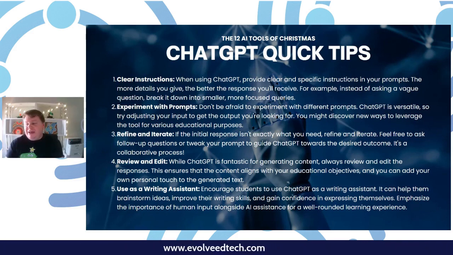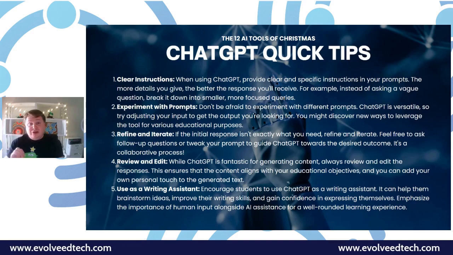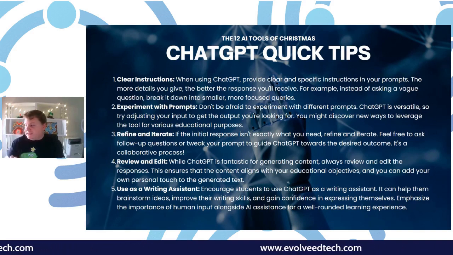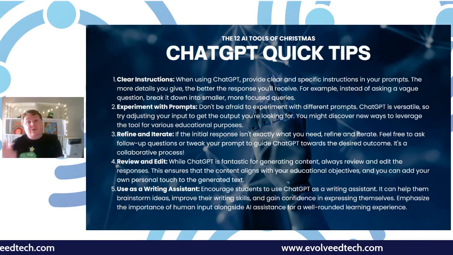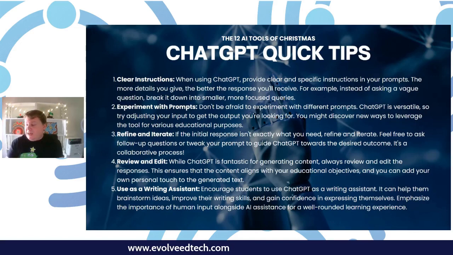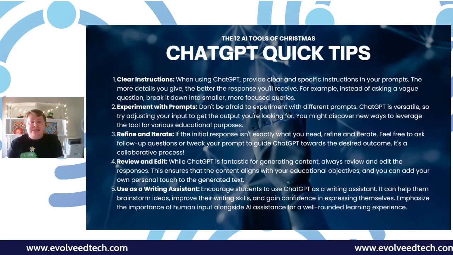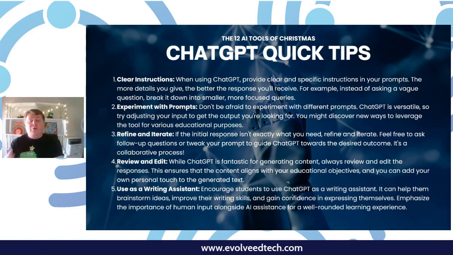Use ChatGPT as a writing assistant. So you can encourage your colleagues and even your students to use ChatGPT as a writing assistant. We're really worried about using ChatGPT and how it's going to create all this kind of cheating, but you can use ChatGPT to brainstorm ideas. You can use ChatGPT to create a paragraph and then ask students what we could do to improve that particular paragraph.